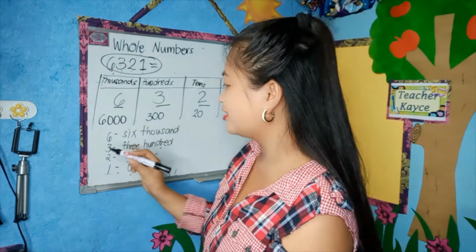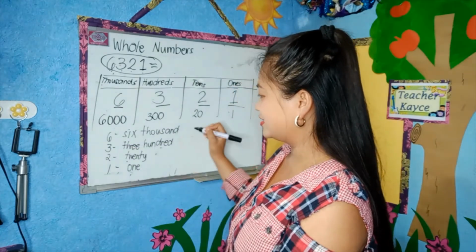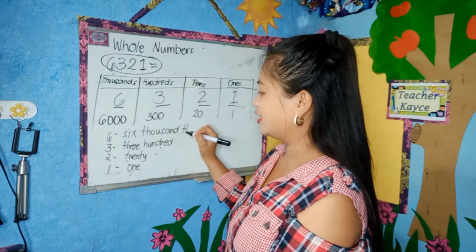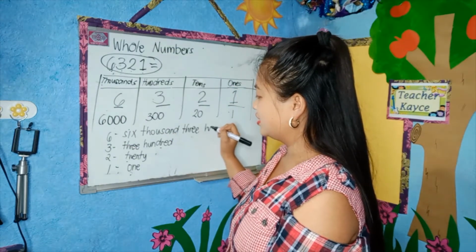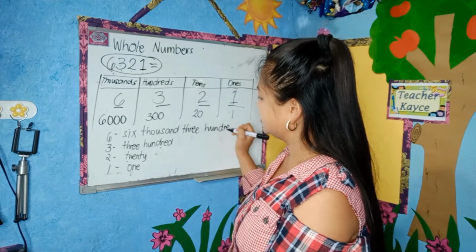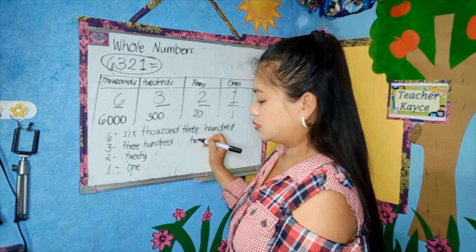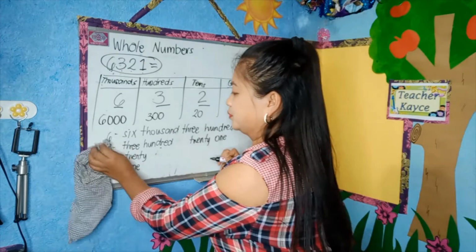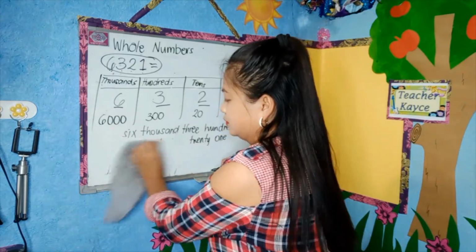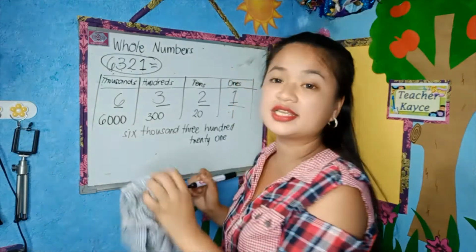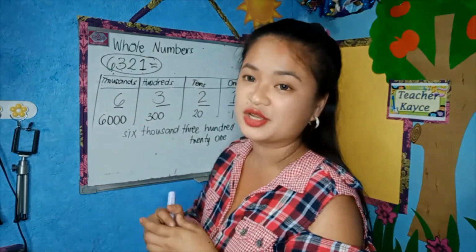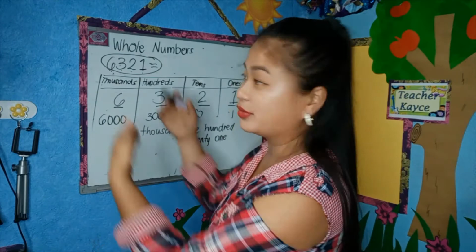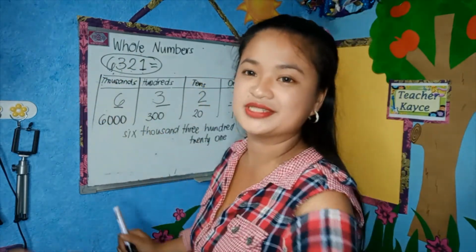And if you're going to write it, it's like this: 6,321. So that is how we read and we write our whole numbers.